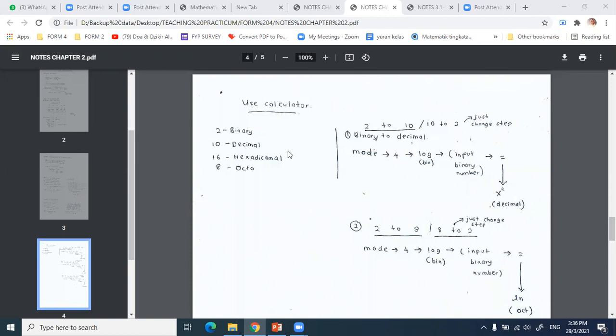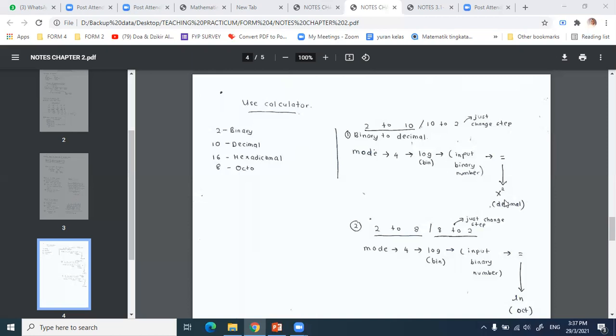I think Emily and Amanda, you have the same type of calculator. Do you notice where the decimal, binary, and octo are? Emily, do you know? Yes, teacher.